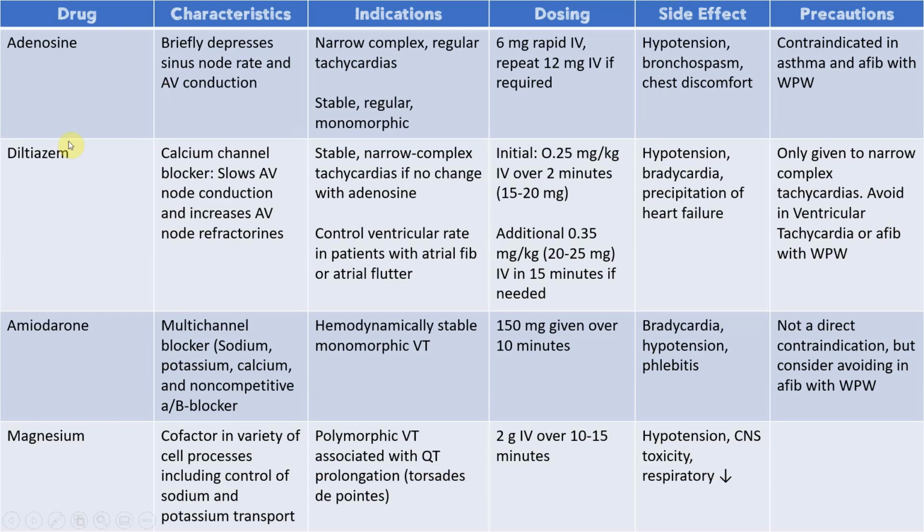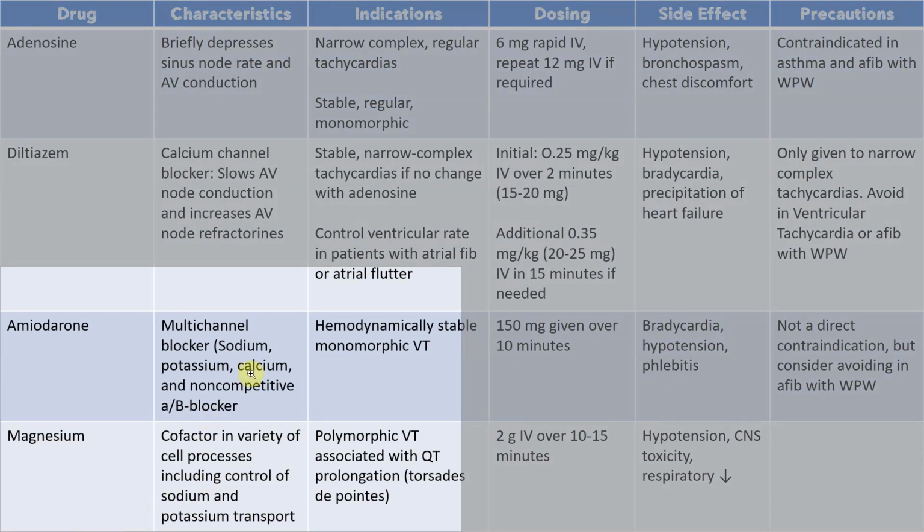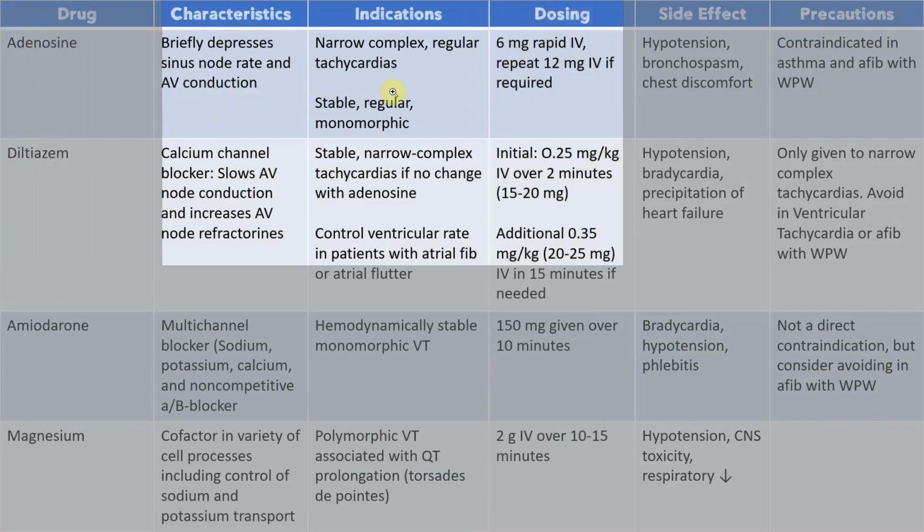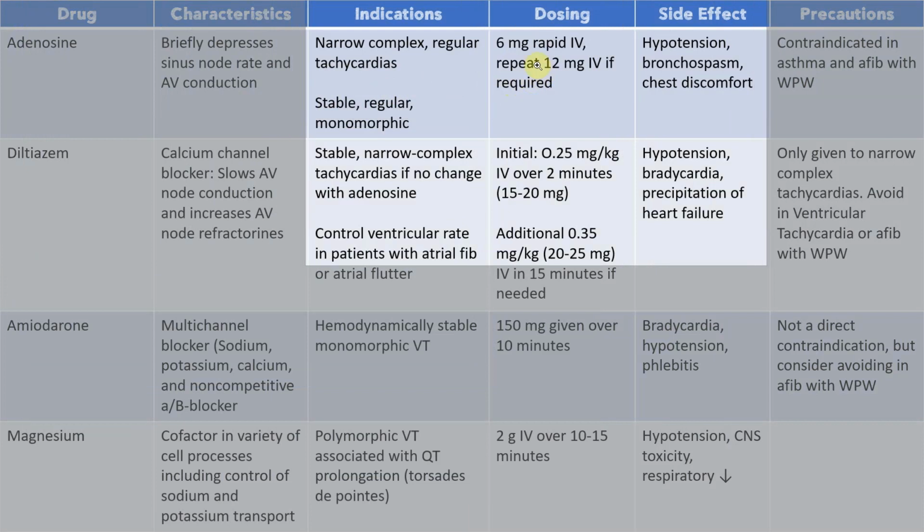All right, this is a general breakdown of the antiarrhythmic medications that we will be carrying on the ambulance very soon. So adenosine, you should be very familiar with that. It slows or blocks conduction through the AV node. You know the dose, it's 6 and 12, used to be 6, 12, and 12, no longer that extra 12.